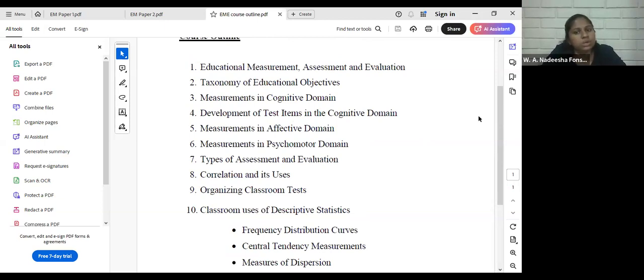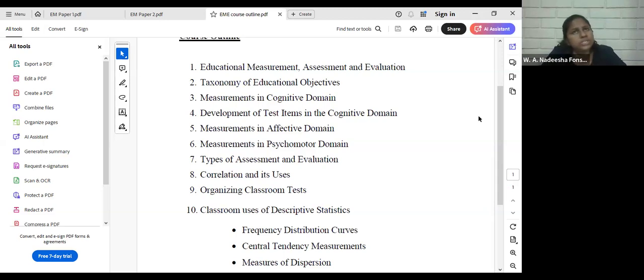Then measurements in the cognitive domain, development of test items in the cognitive domain, measurements in the affective domain and measurements in the psychomotor domain. Then types of assessments and evaluation. There we discussed new trends of assessments, and also validity and reliability, two very, very important topics. We discussed those under session 7.